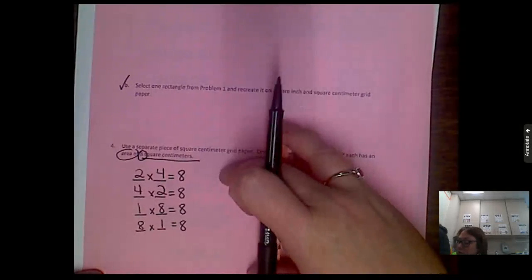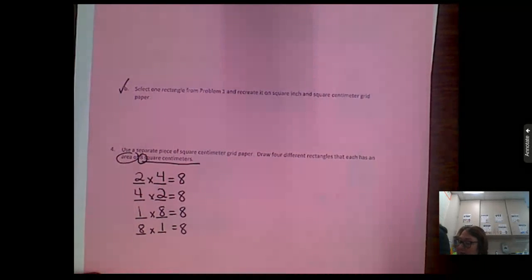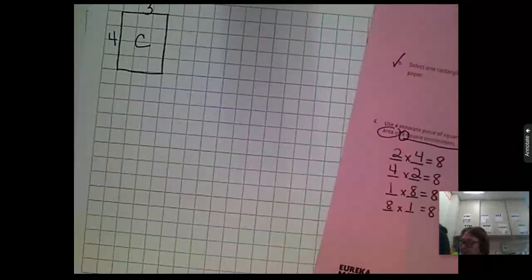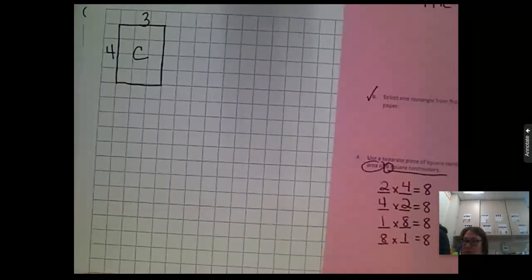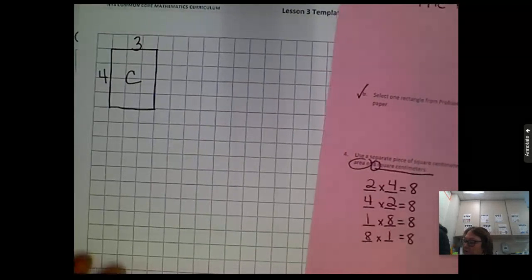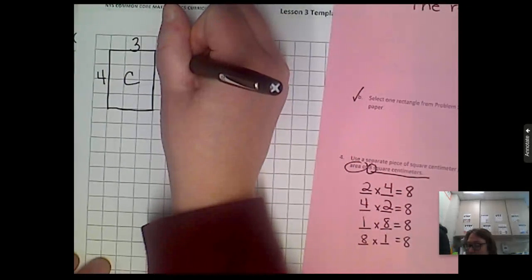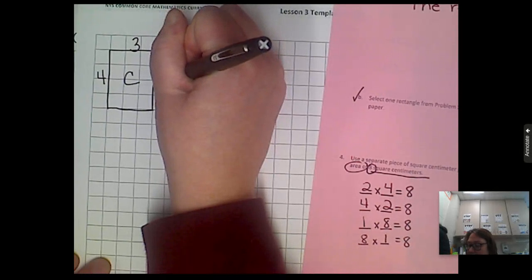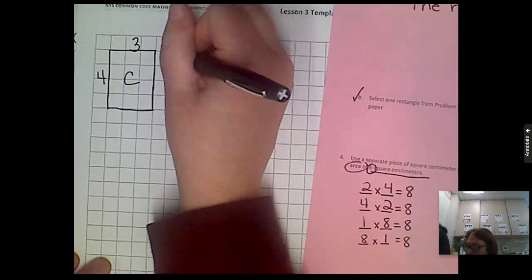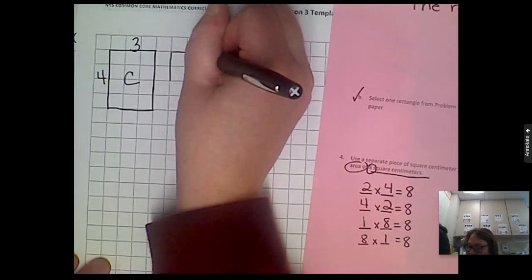All right, so now that we have those on there, they want us to draw these rectangles on our centimeter grid paper. The first one is 2 times 4 equals 8. So I'm going to go down 2 and over 4. 1, 2, 3, 4.